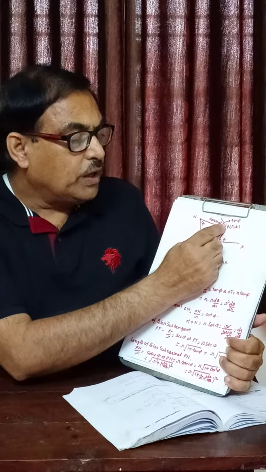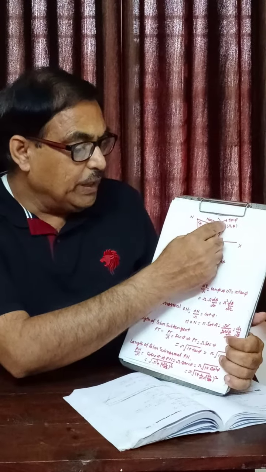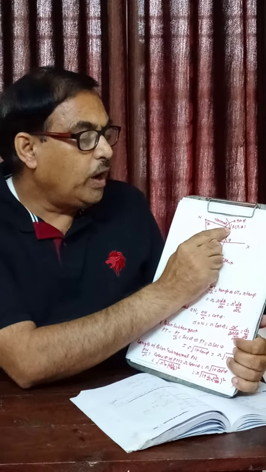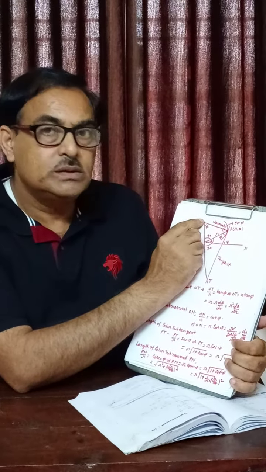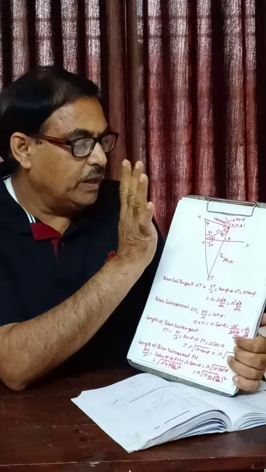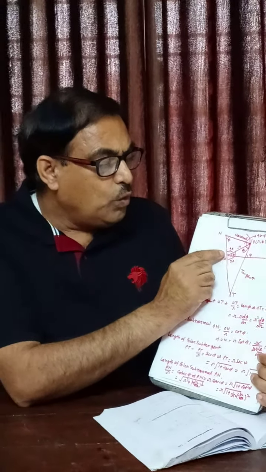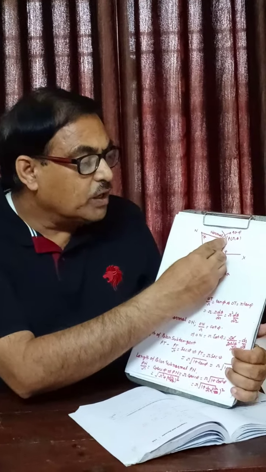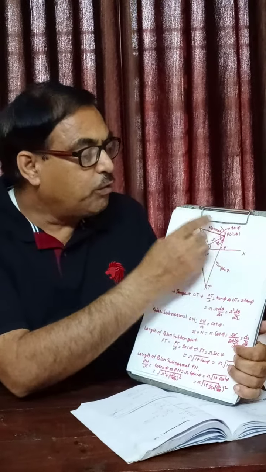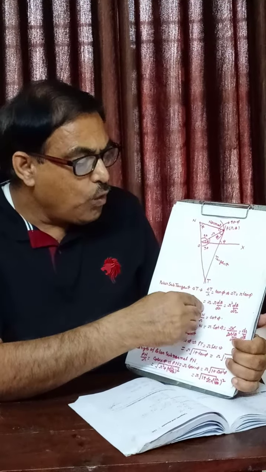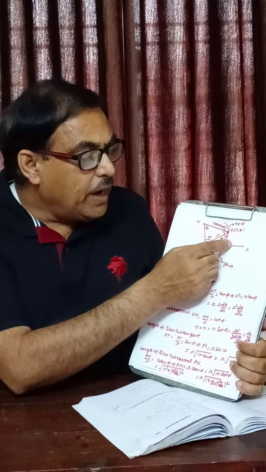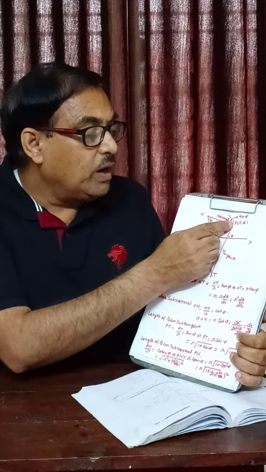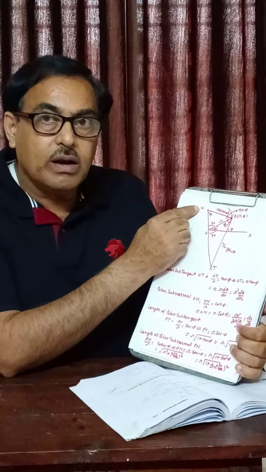Draw the tangent at P and draw a normal at the point P. Also draw a line perpendicular to the radius vector OP from the pole O. The tangent cuts this line at T and the normal cuts this line at N.